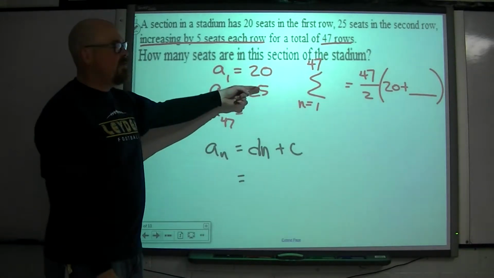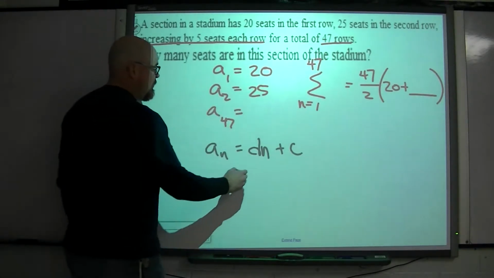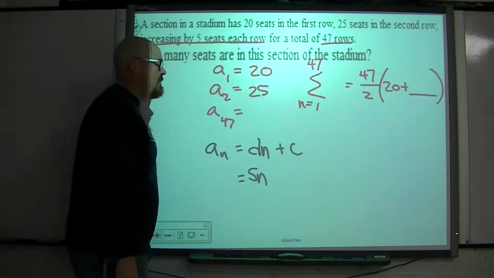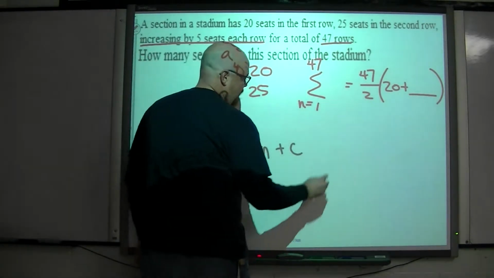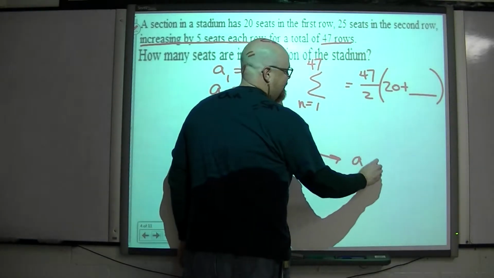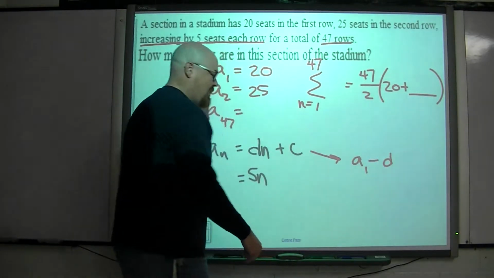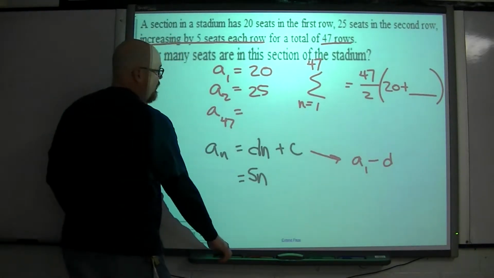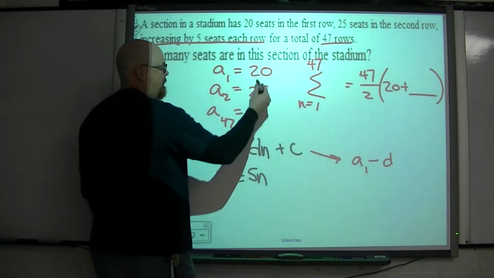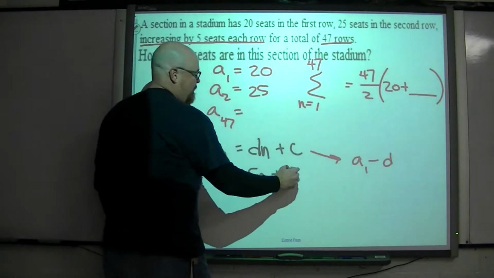What's the common difference? 5. So we know this is 5n, plus c. What is c? We've talked about this before as well. C is a1 minus d. It's the quote-unquote zero term here. If we subtract the common difference from the first term, we get 15.